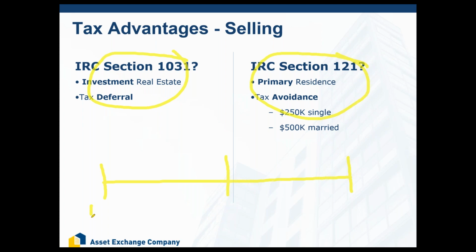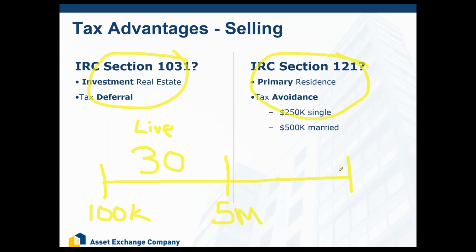Imagine if you bought a home in Palo Alto 30 years ago and you paid $100,000 for it. You've lived in that property for 30 years. Now the property is worth $5 million. And you say, you know what? It's worth $5 million and I want to sell it.